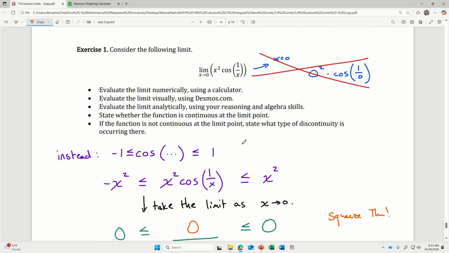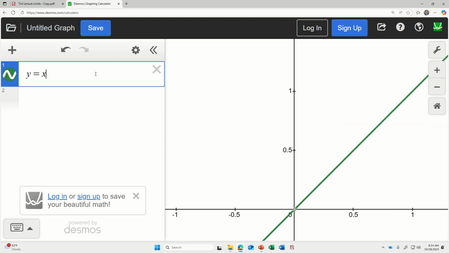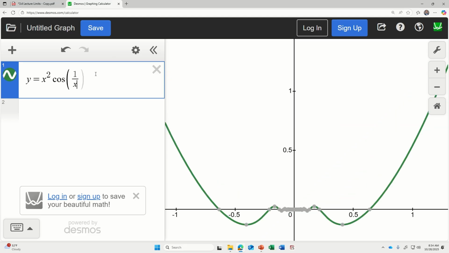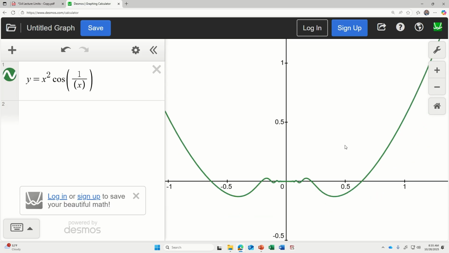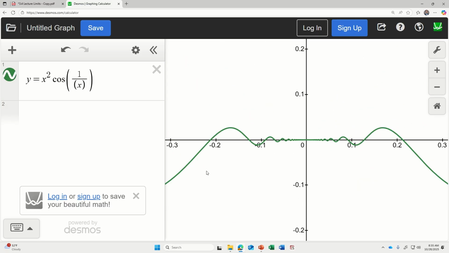So let me graph this for you. I'm going to graph x squared cosine 1 over x. And this is what x squared cosine 1 over x looks like.